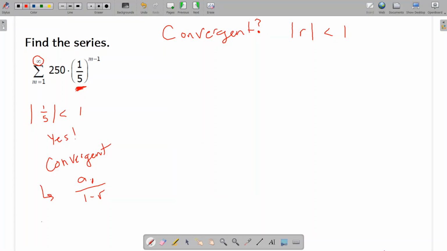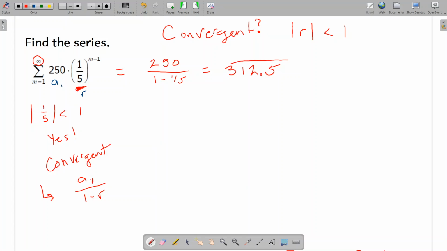Our first term is going to be the 250. And we said that this 1/5 is going to be our R value. So we have all the info we need to set up our formula. So it would be 250 divided by 1 minus 1/5. So if we do this calculation, we get 312.5.